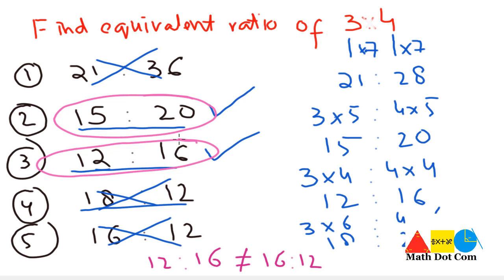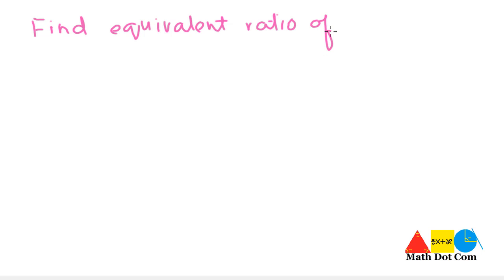Let's take another example. Find an equivalent ratio of 5:3. Okay, let's see the options.